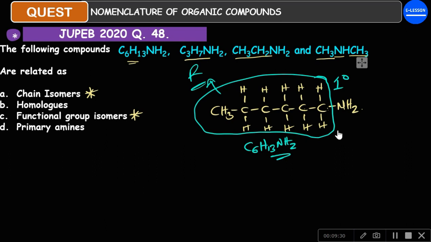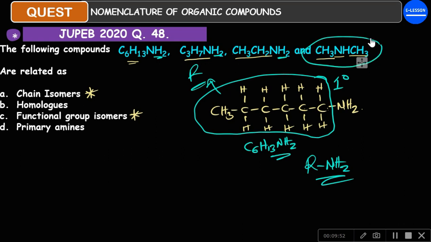For the fact that it has 2 hydrogens attached to the nitrogen, you can take it as R NH2. And this makes this a primary amine. Now, how about this? This is also a primary amine, since you have H2 here, H2 here, H2 here. All these are primary amines.